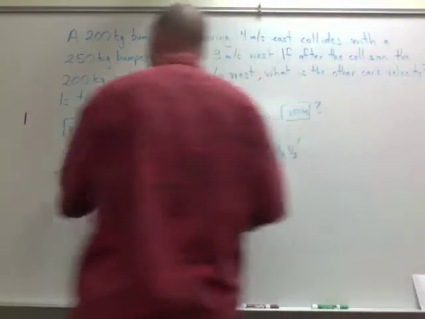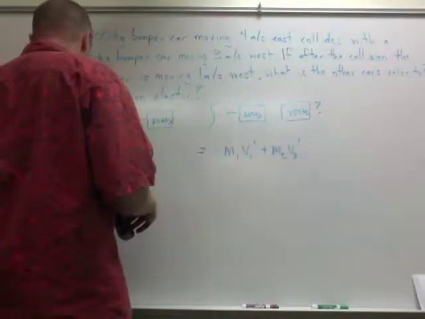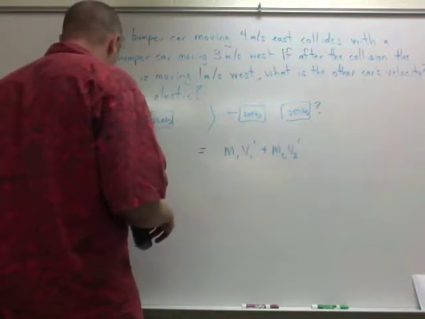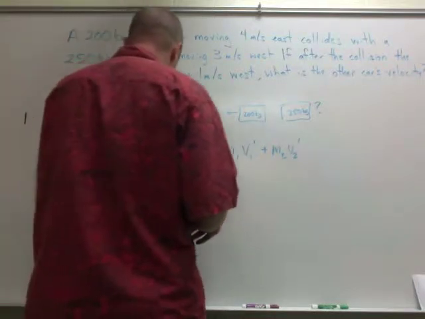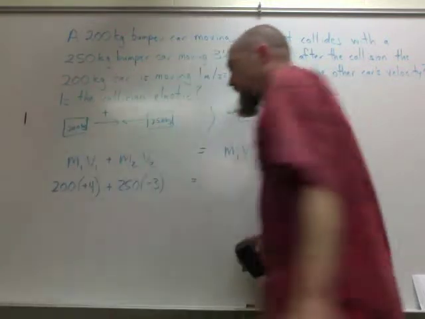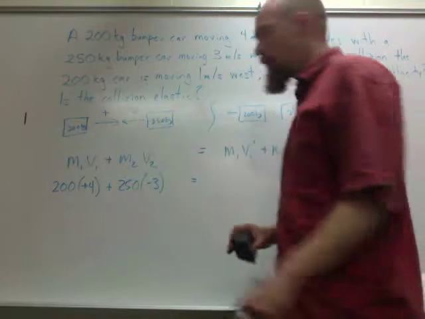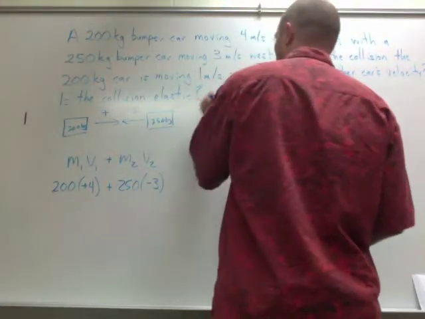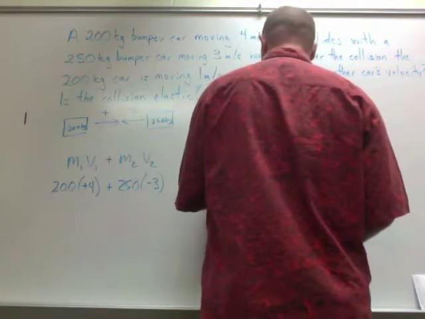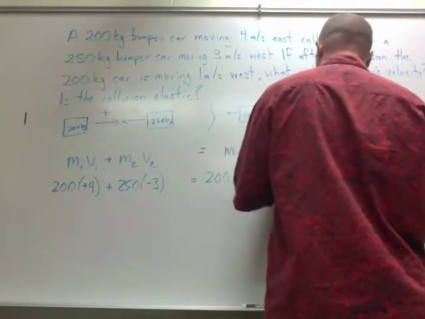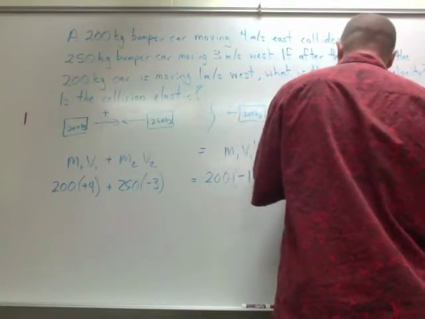So this is 200 times positive 4, plus 250 times negative 3, equals 200 times, again this would be negative, times negative 1, plus 250 times V2.